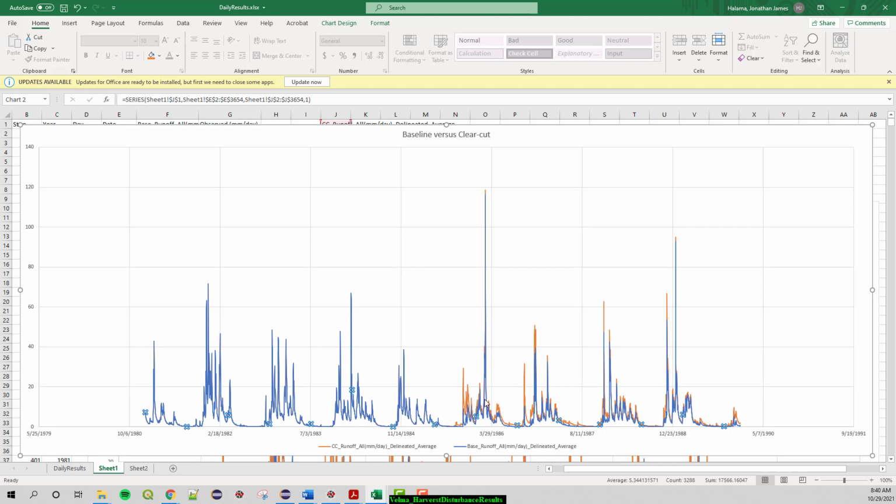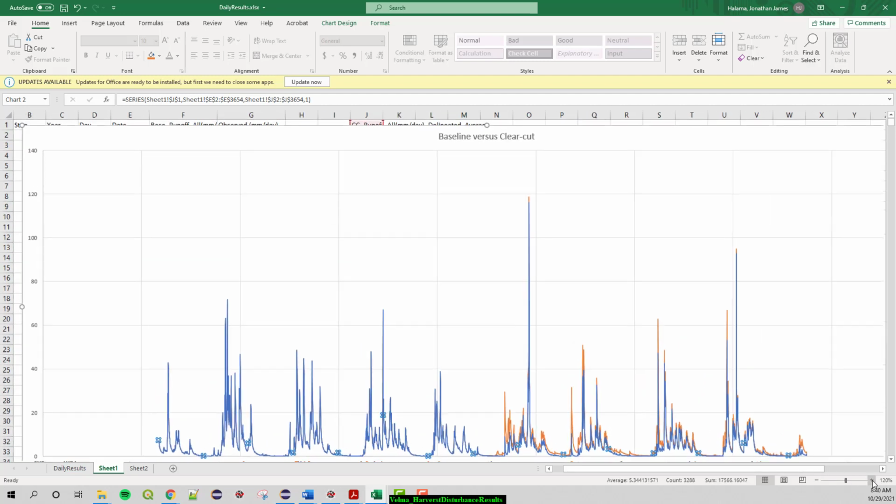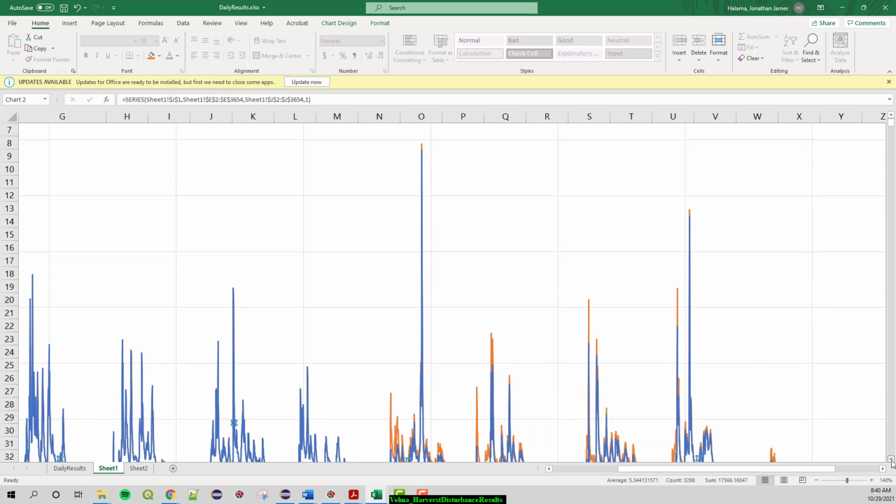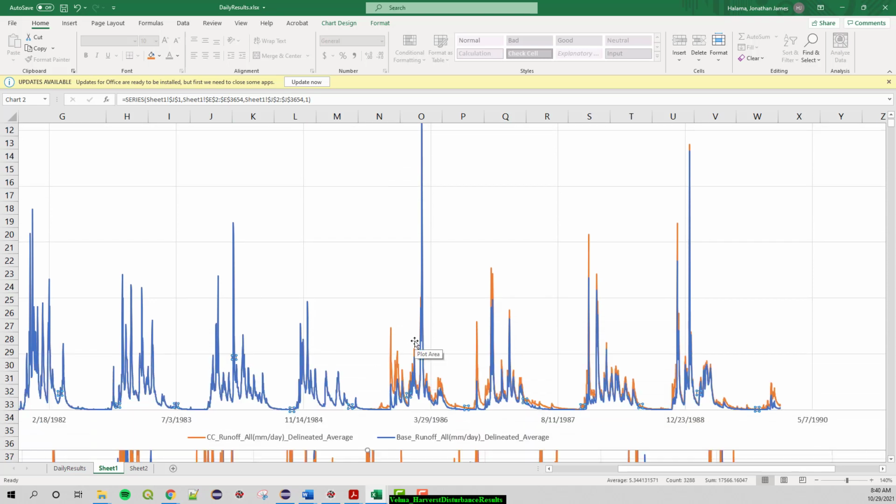So we have an increase in runoff immediately going into the fall. Very large change here. And then actually let's see if we can even zoom in a little. That would make it easier. So a very large increase at first, but all the peak events as well. There's just much more water in the system.